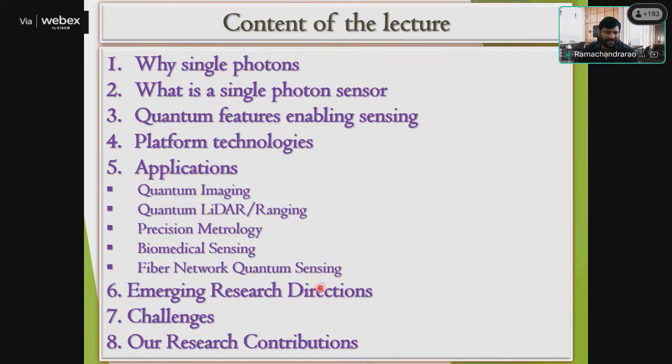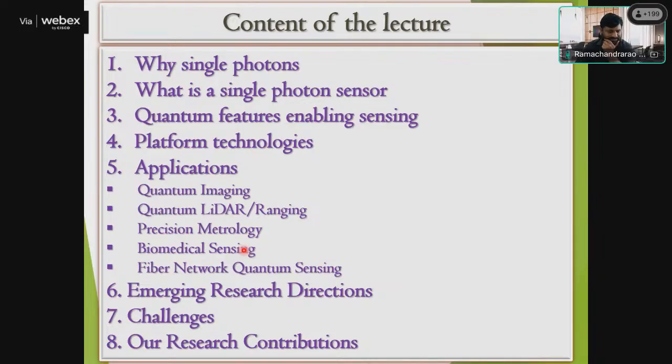And these are the 5 applications which I am going to discuss. From imaging to, at the end, fiber networks, in LiDAR and metrology, sensing, biomedical sensing and all, how this single photon sensor plays a crucial role.